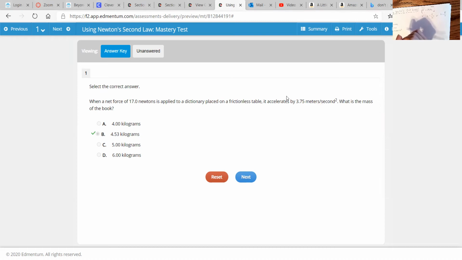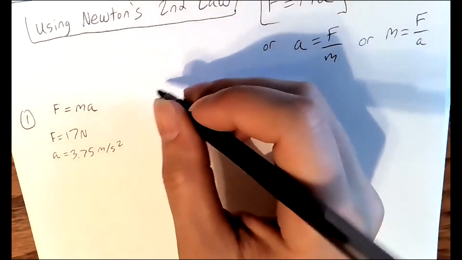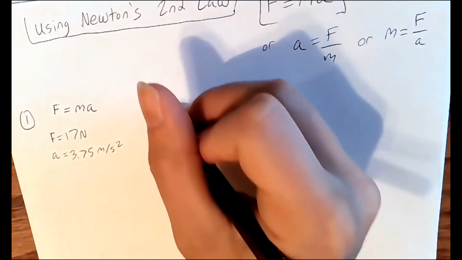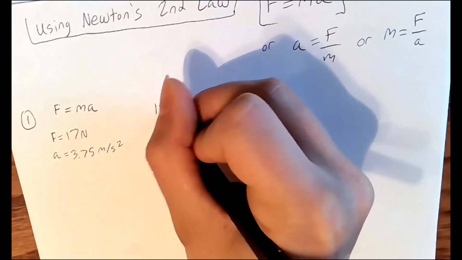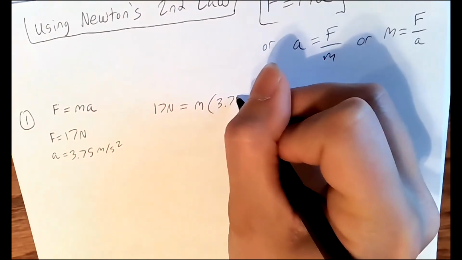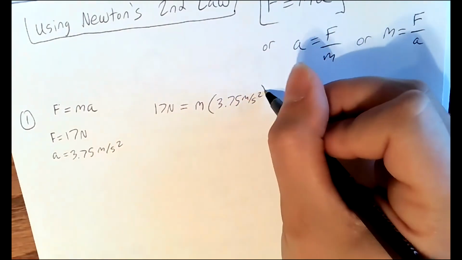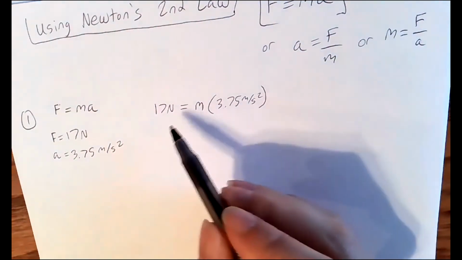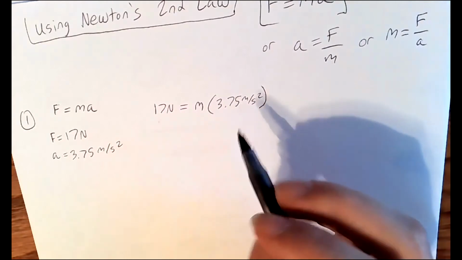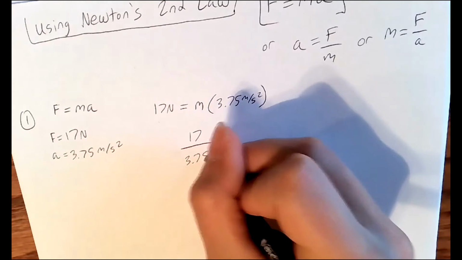So we're given F and A, and now we're asked for the mass. All this requires is plugging in and using a calculator. So we have 17 newtons equals m times 3.75 meters per second squared. Then you just divide 17 newtons by 3.75 meters per second squared. 17 divided by 3.75.